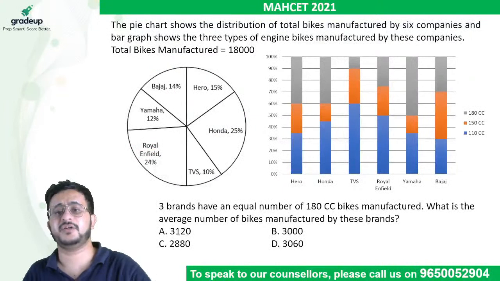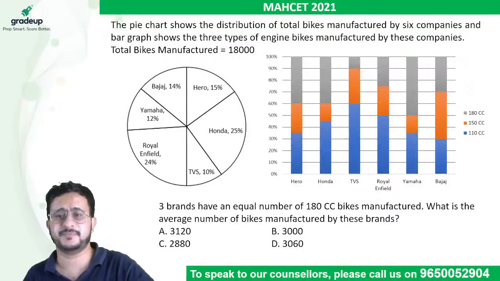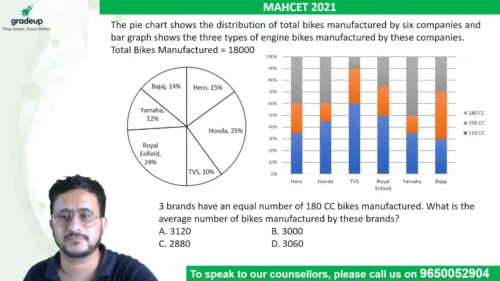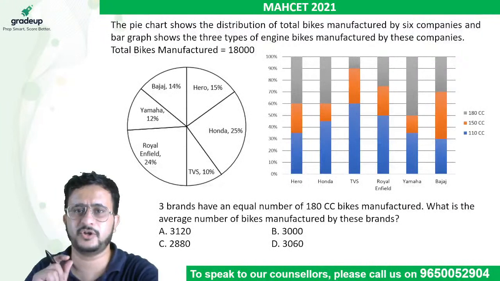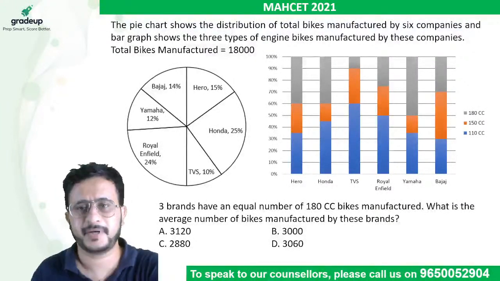Three brands have an equal number of 180cc bikes manufactured. What is the average number of bikes manufactured by these brands? So the logic that we applied in the previous question, using that logic, find those three brands.